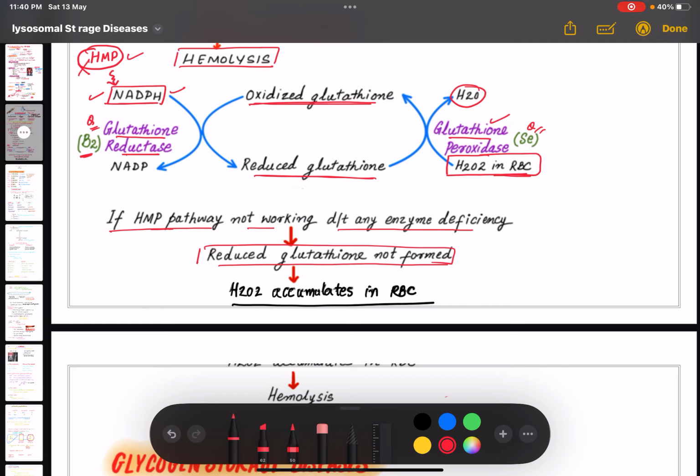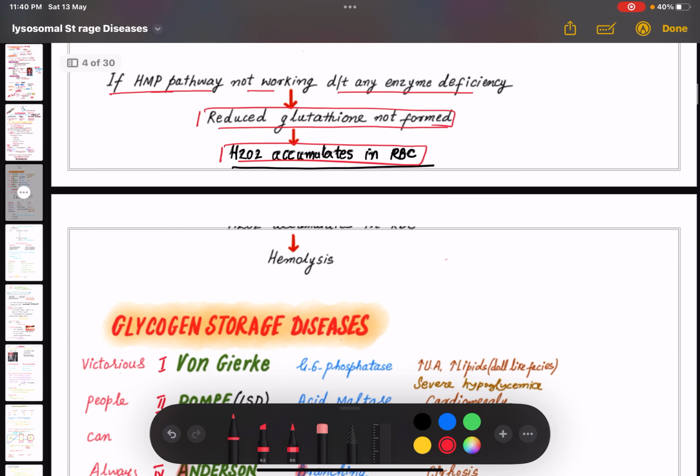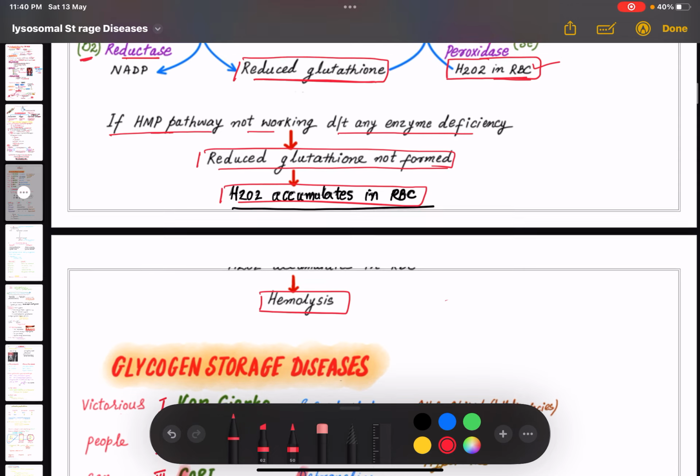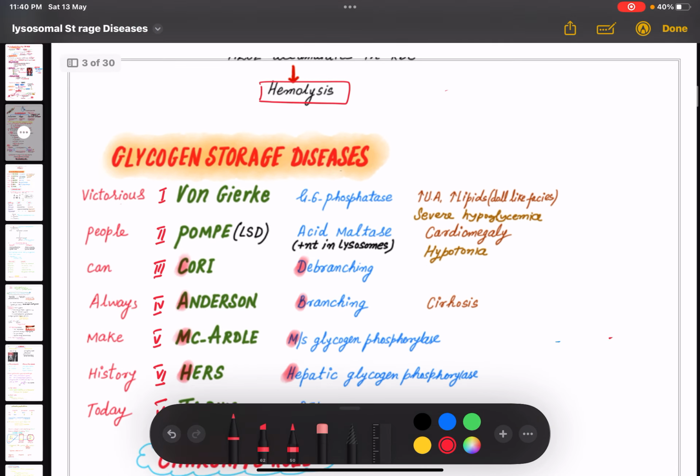If any enzyme is deficient in the HMP pathway, we will not get NADPH. Once the NADPH is not formed, we will not get reduced glutathione. If reduced glutathione is not there, this H2O2, that is hydrogen peroxide, will accumulate inside the RBC, that will lead to hemolysis. This is the case for HMP pathway enzyme deficiency.